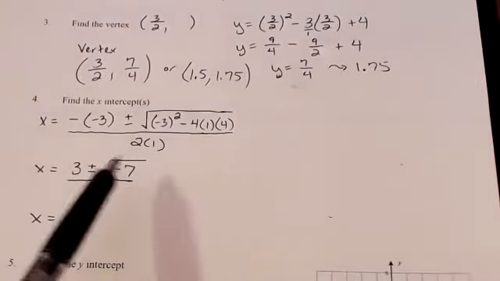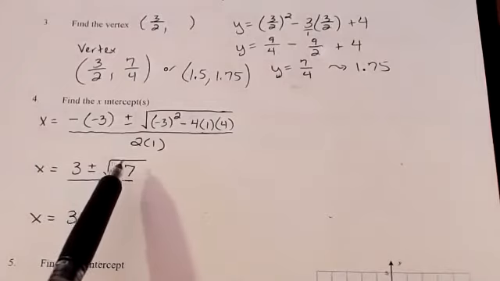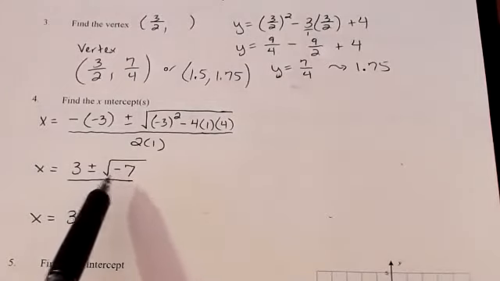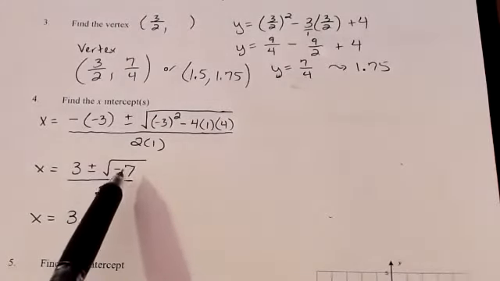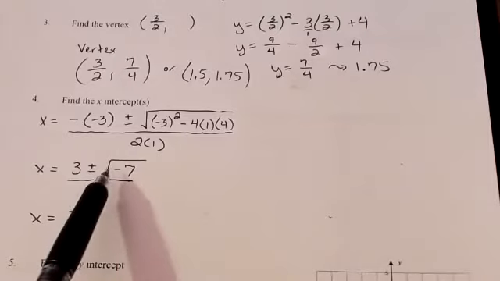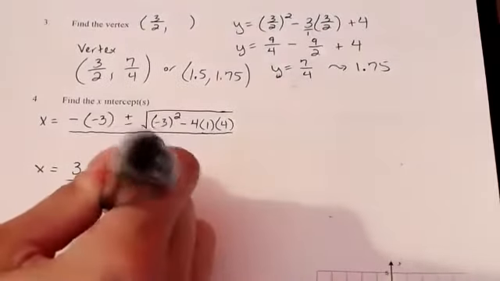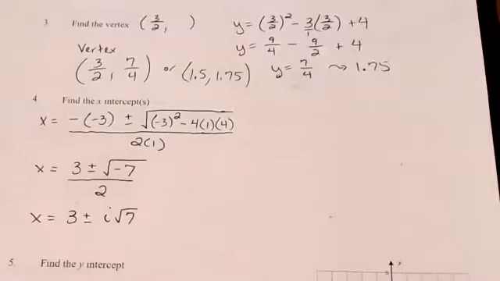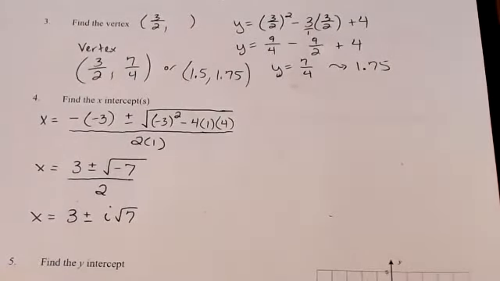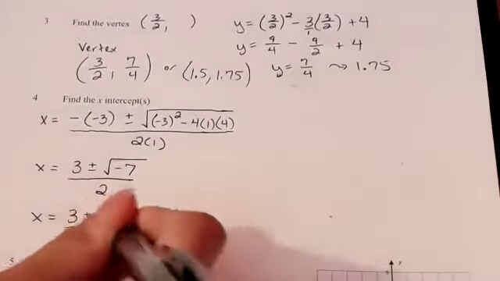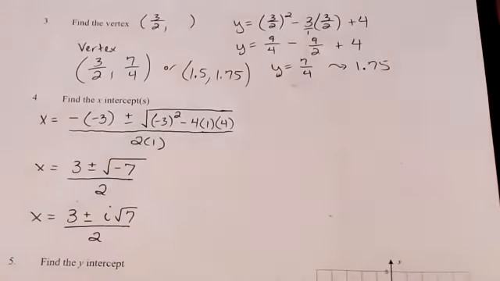We recall, though, that we can rewrite this using a complex number, using i. So we know that the square root of negative 1 is i, so I'm going to take that out. That leaves us with square root of 7, which can't be simplified, and all of this over 2.